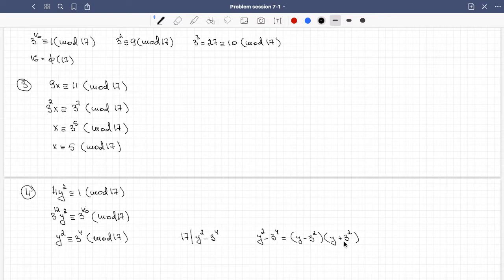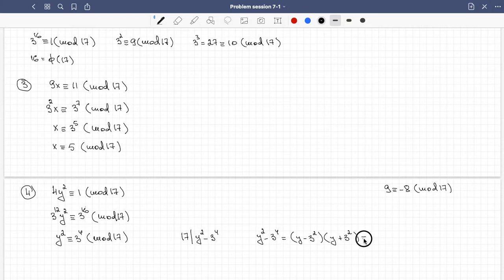as congruent to negative 8 mod 17. 3 squared is 9, and this is the same thing as negative 8 mod 17, because 9 plus 8 is 17.